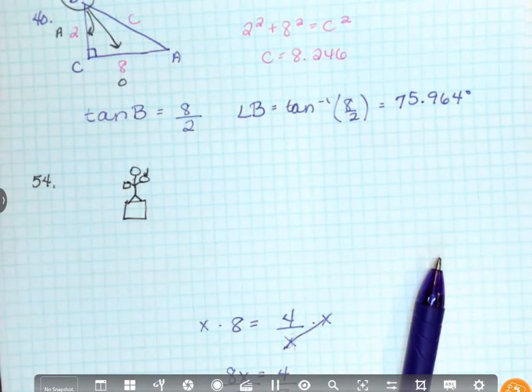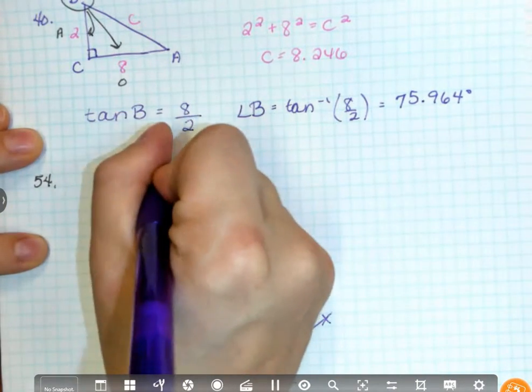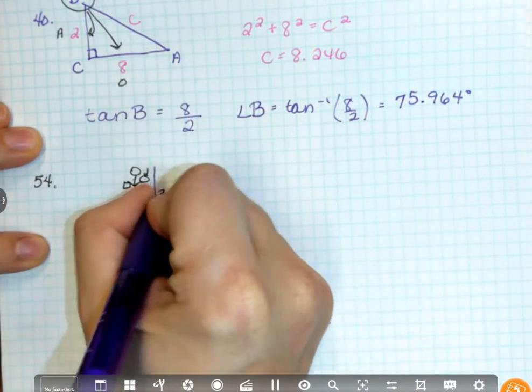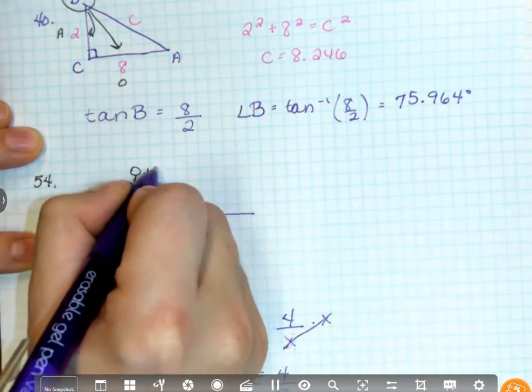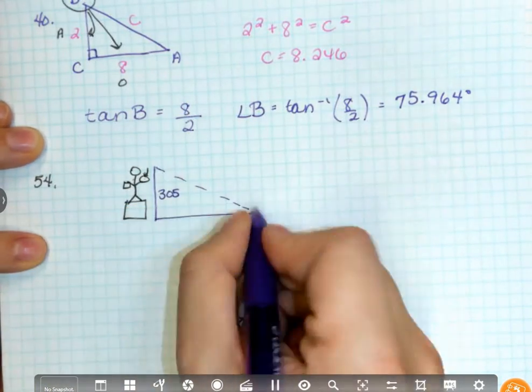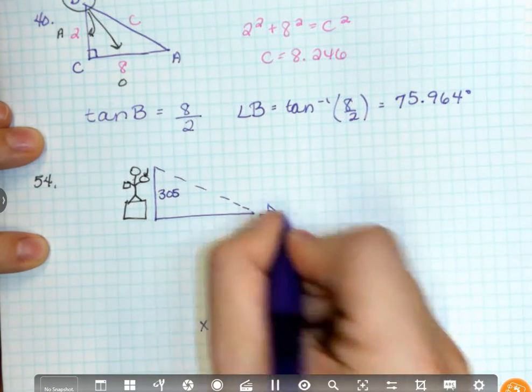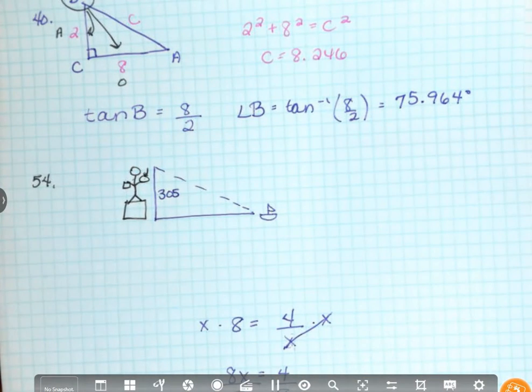That's okay. So it says on 54, a ship just offshore of New York City, a sighting is taken of the Statue of Liberty, which is about 305 feet tall. So this doodad is about 305 feet tall. And a ship somewhere out at sea sees Our Lovely Lady.